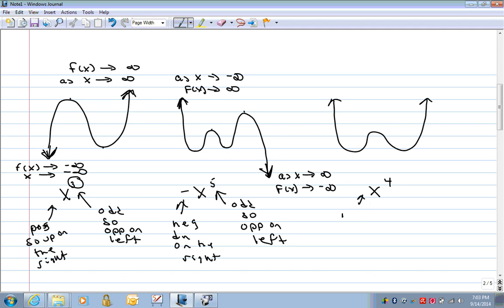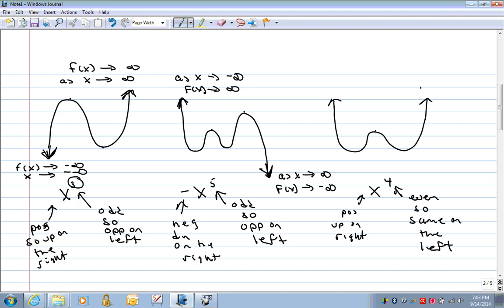Our last example here is x to the 4th. Again, positive in the front, so up on the right, and even, so same on the left. It could have up to 3 turns, and this one does: 1, 2, 3. All right, and how would we write this?